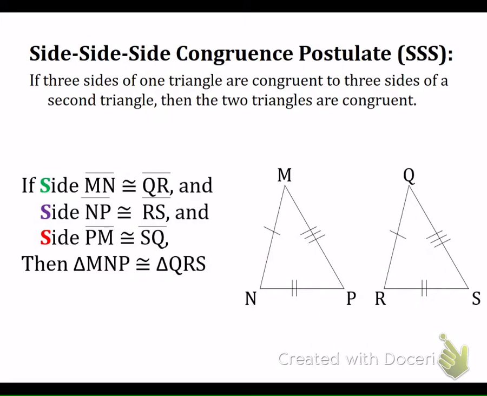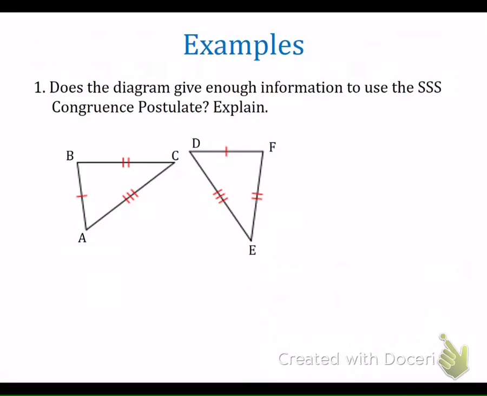So if they ask why, explain why it's congruent? It'll say, are the triangles congruent? How do you know? Or what postulate would you use? So number 1 says, does the diagram give enough information to use SSS congruence postulate? Explain.